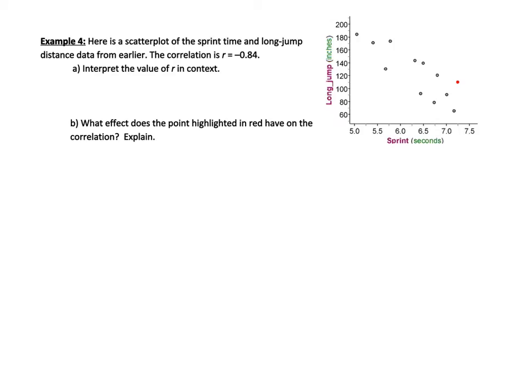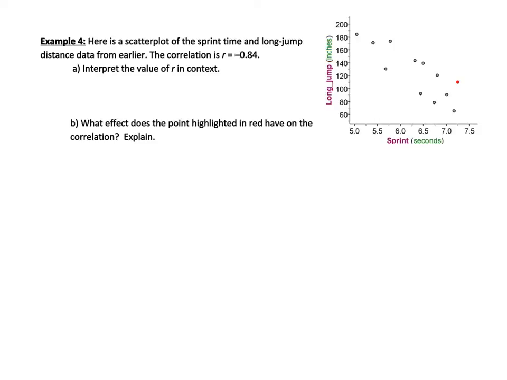So I now actually want to go back to the long jump example, and believe it or not, the correlation is -0.84. This is a very high correlation. So first thing we're going to do is we're going to discuss the value of R in context. So this is actually not hard.